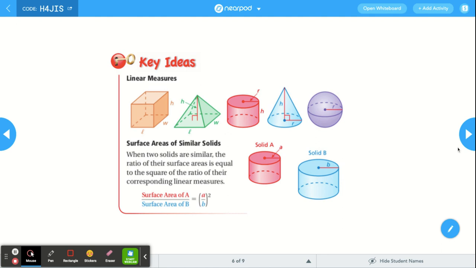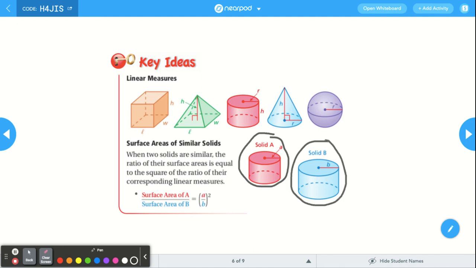So if you're looking at this example that we have here with the two cylinders, you have solid A and solid B. The surface area of solid A corresponding to the surface area of solid B would be equal to the square of the corresponding linear measurement.